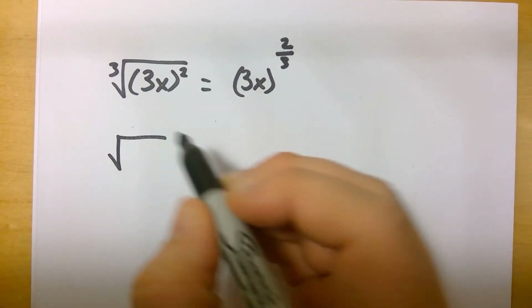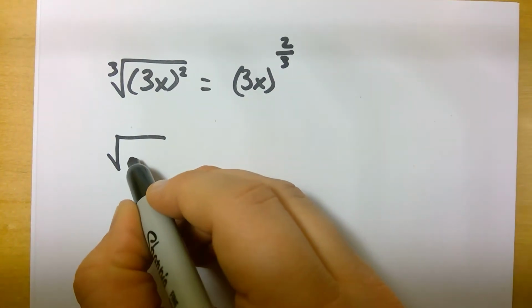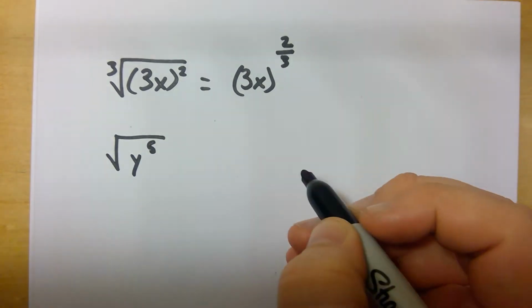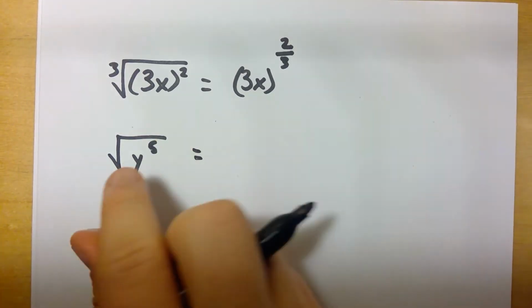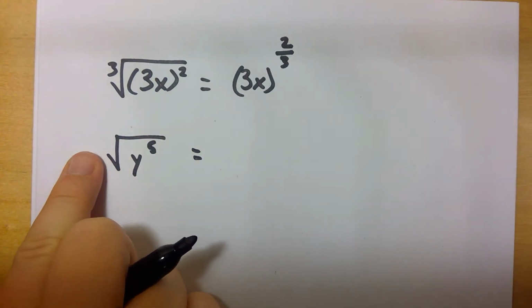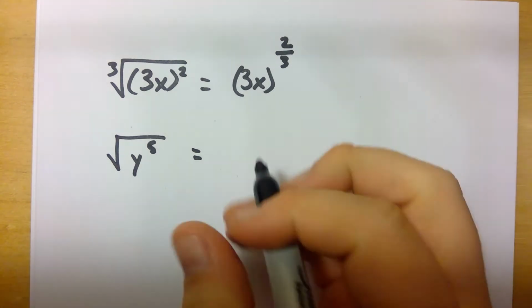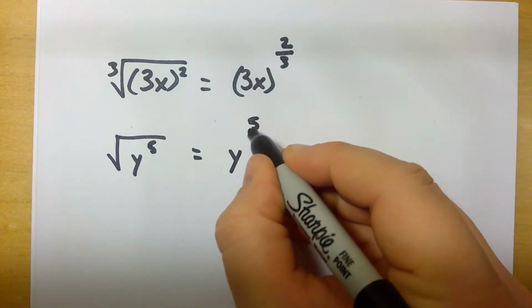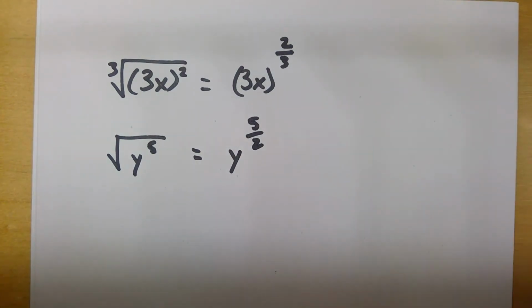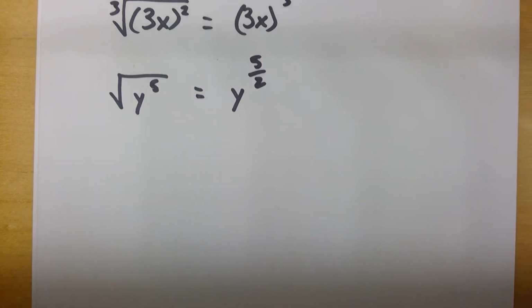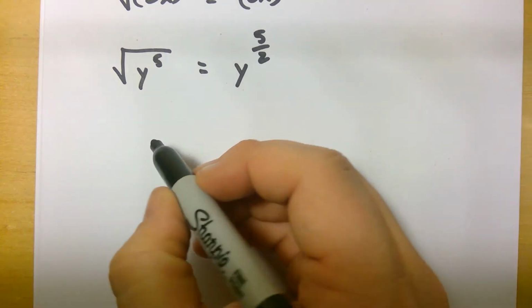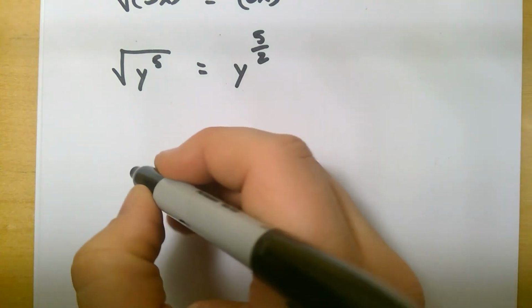Let's try the square root of y to the 5th. Okay. Now we don't have an index here. Now the thing with square root is we cannot assume that it's 1. We have to assume that it is 2. All right, so let's go ahead and look at a couple for going from exponential form into radical form.